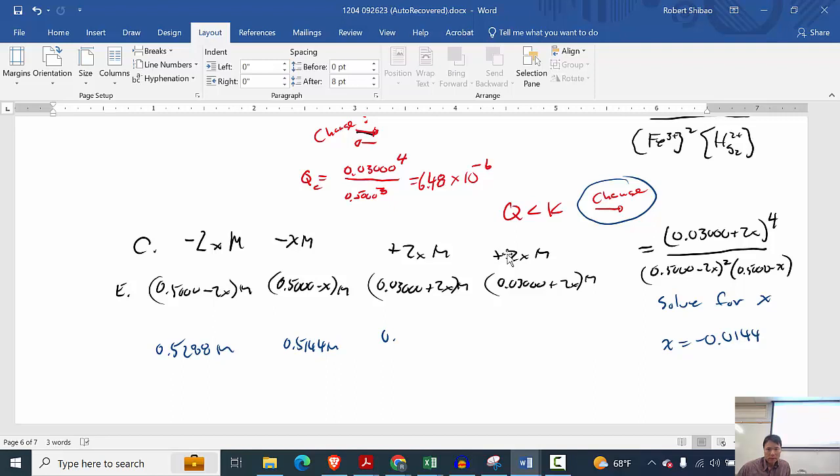So this is going to be minus 144. So 300 minus 144 will be 0.0156. 0.0156 molar, and then this is going to be minus 2, so 2 is going to be 288, so this is going to be 0.0088 would be 12 molar.